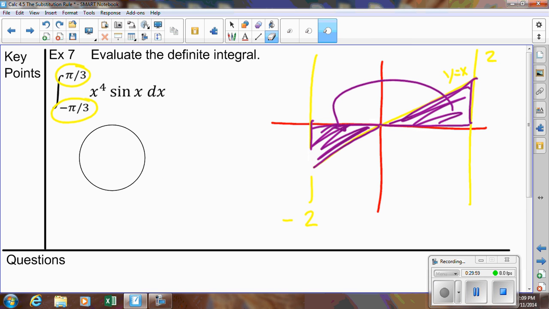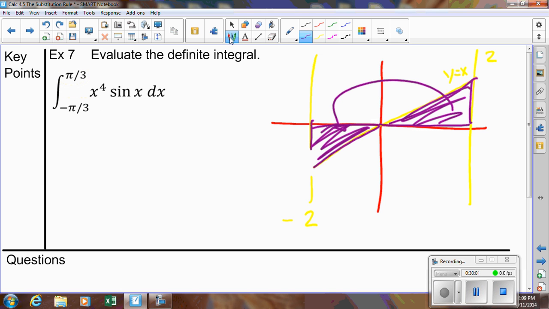Specifically, it's beneficial here because x to the fourth is an even function. Sine of x is an odd function. And we discussed at the beginning of the year that if you have an even function times an odd function, the overall result is going to be an odd function.